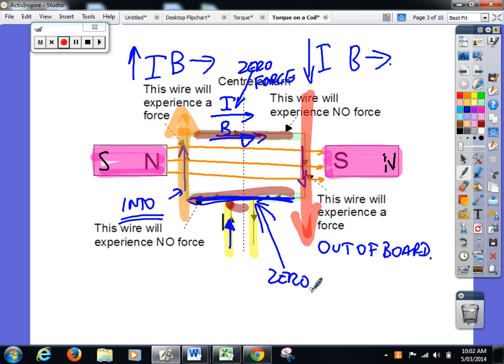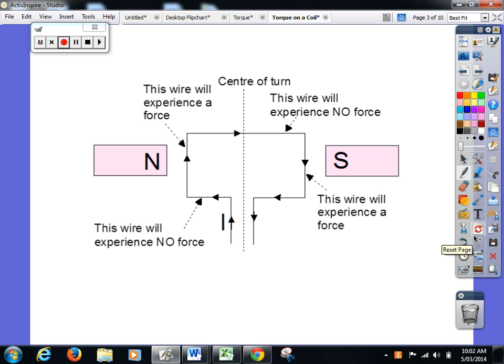So in our loop here, if we were to take our loop, here's our rectangular loop, then there is a force on this wire and there is a force on this wire. There are no forces on the other two wires. This wire here is pushed into the page and this is out.